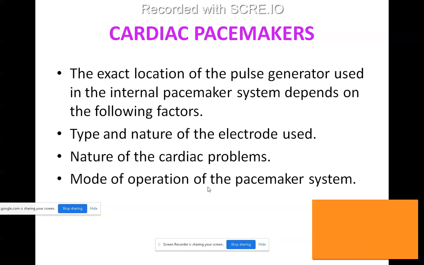Based on that you will select the location in your body. And then the operation mode, of which there are more modes we will see in a future class. Based on those modes you will select the place.